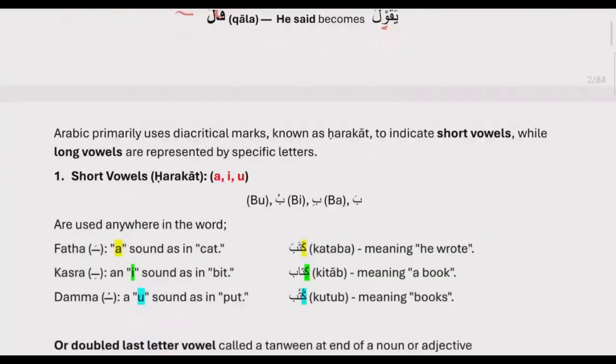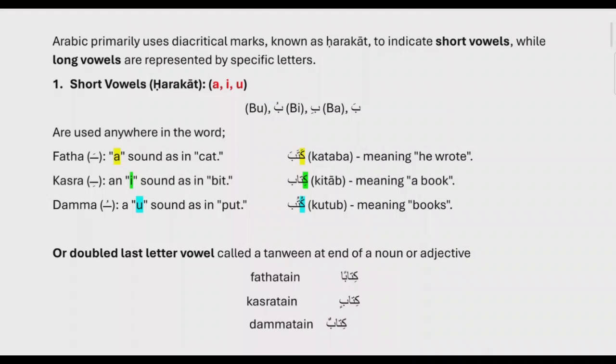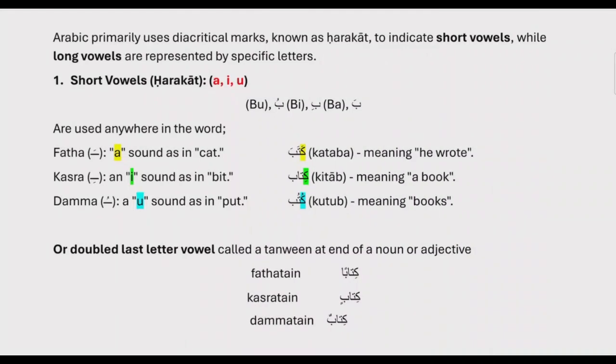Okay, so the primary use of the vowels in Arabic: there are three short vowels: the A sound, the I sound, and the U sound, right? So the A sound is the fatha, the I is the kasra, and the dhamma is the U sound, right?